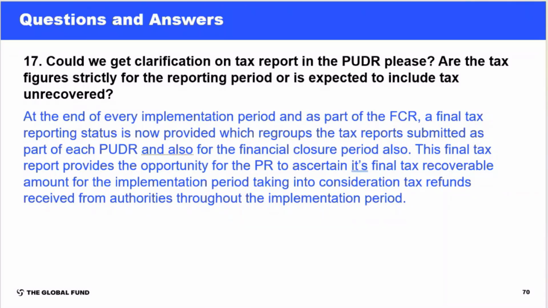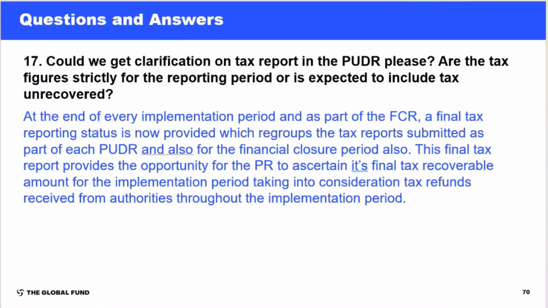Could we get clarification on tax report in the PUDR, please? Are the tax figures strictly for the reporting period or is it expected to include tax unrecovered? So at the end of every implementation period, as part of the FCR, a final tax reporting status is now provided, which regroups all the tax reports that were in the previous PUDRs and also for the closure period itself.